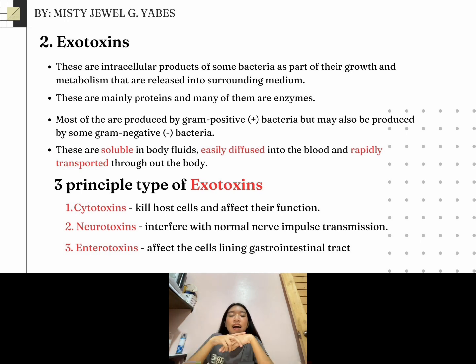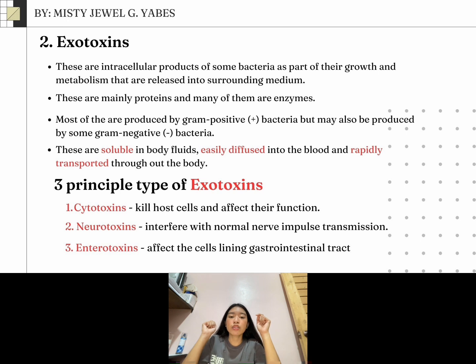So, ang ating exotoxins ay ang intracellular products ng ating bacteria as a part or na importante para sa kanilang growth at metabolism that are released into surrounding medium. Ang ating exotoxins ay nare-release sa surrounding medium. These are mainly proteins and many of them are enzymes.